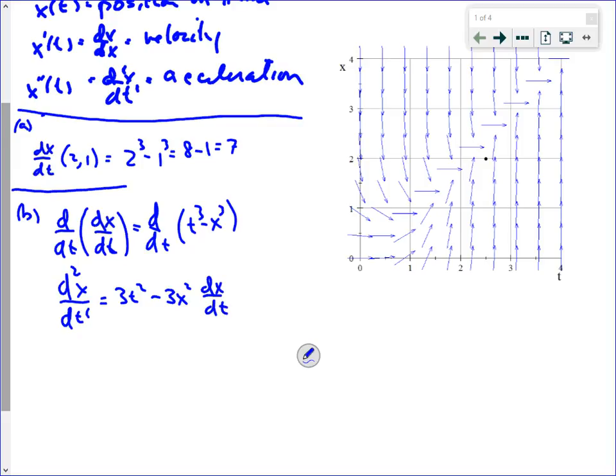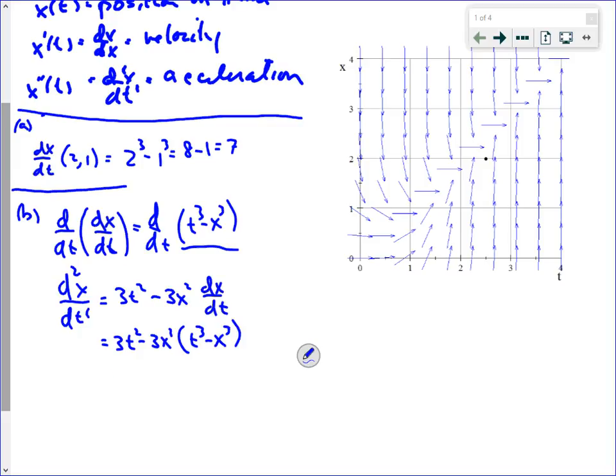And I can substitute in for that because I know dx dt is this thing. So this is 3t squared minus 3x squared times t cubed minus x cubed.